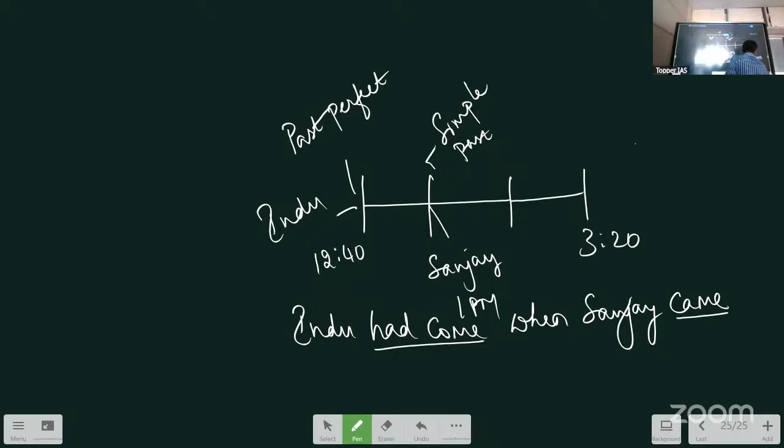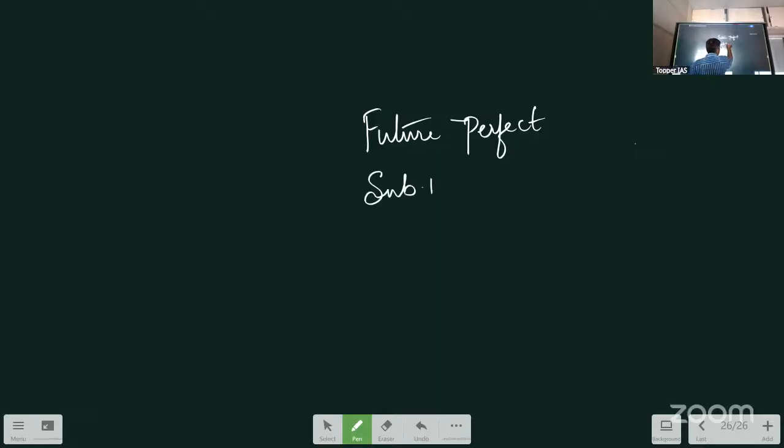Okay. Now we have to understand future perfect. Now, what is this future perfect? We need to understand. The structure for future perfect is subject plus will have plus verb third form.